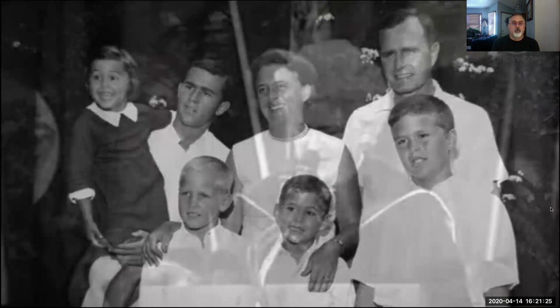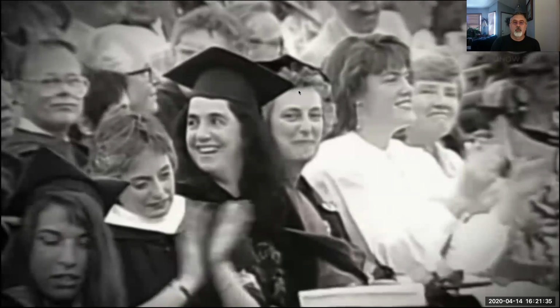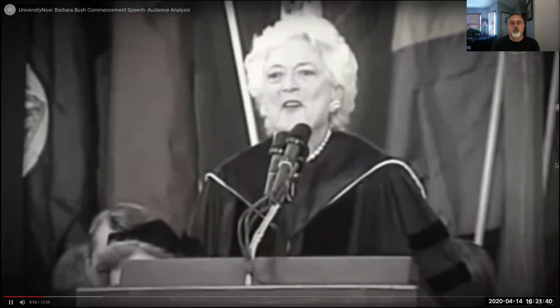In her speech, Mrs. Bush acknowledged the controversy and spoke frankly about her achievements. By recognizing her audience and their values, she was able to gain an unexpected level of understanding. She reminded students that success is not defined by social expectations, but by unique personal goals.